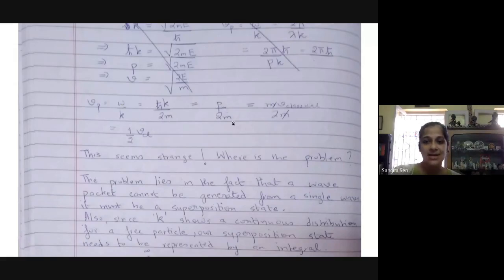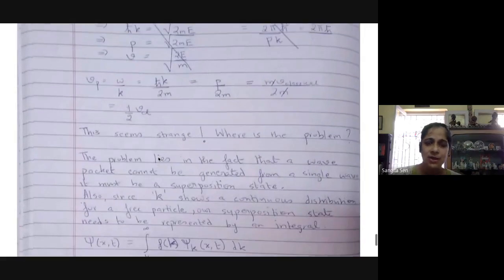This is p by 2m, and p is mv, and we end up with half of v classical. So the phase velocity that we obtain in our wave function solution is not quite the velocity of the particle. So where did we go wrong?